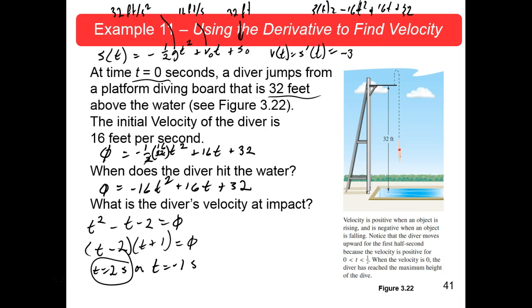Now it's 32 t, excellent. Next, plus 16. Got it. Now this is what we plugged the 2 into. The v of 2 would then be what?